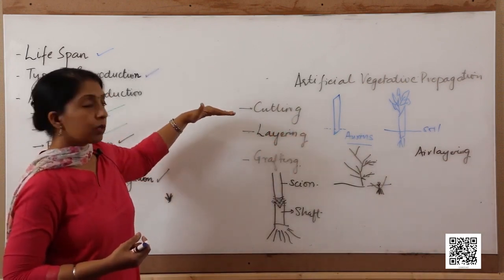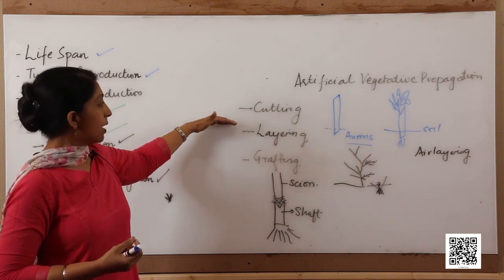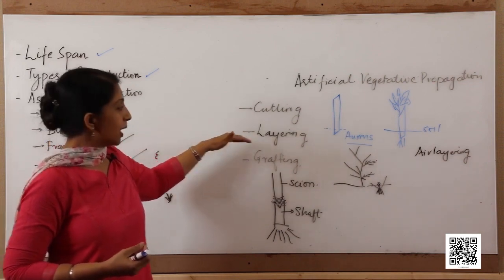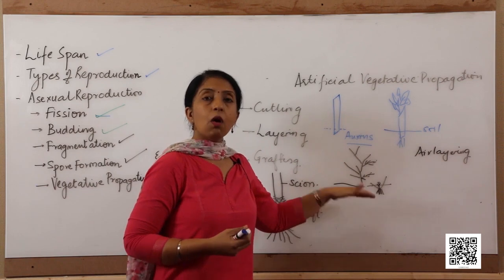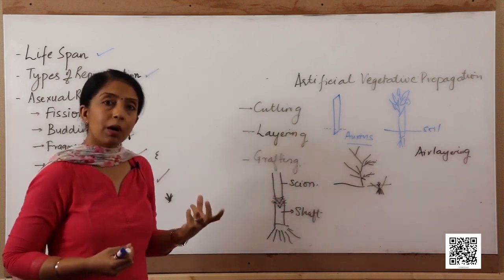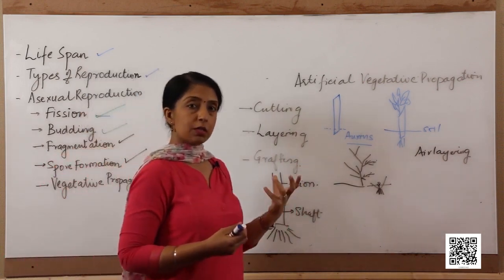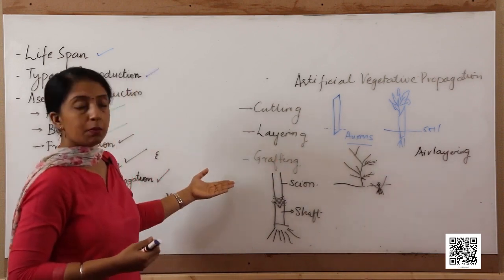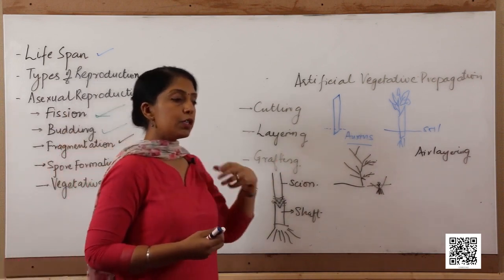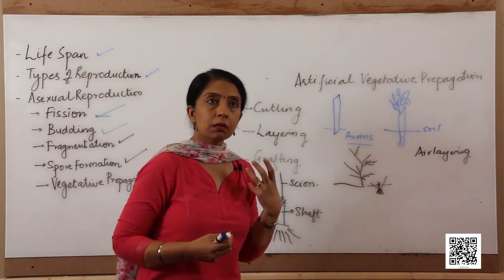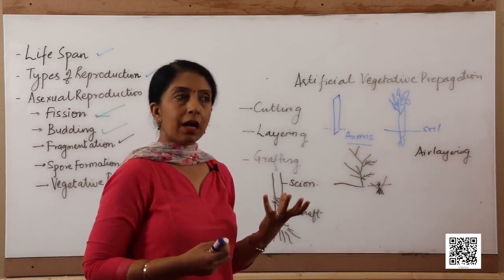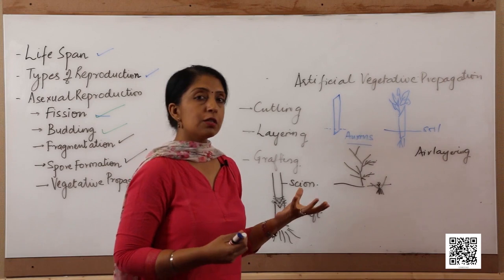So we discussed cutting, which takes place in the rose plant, layering, which is seen in plants such as jasmine or in trees like guava, mango, apple, citrus and so on. And we discussed grafting again, which is possible in trees like mango, guava, apples, citrus and so on.